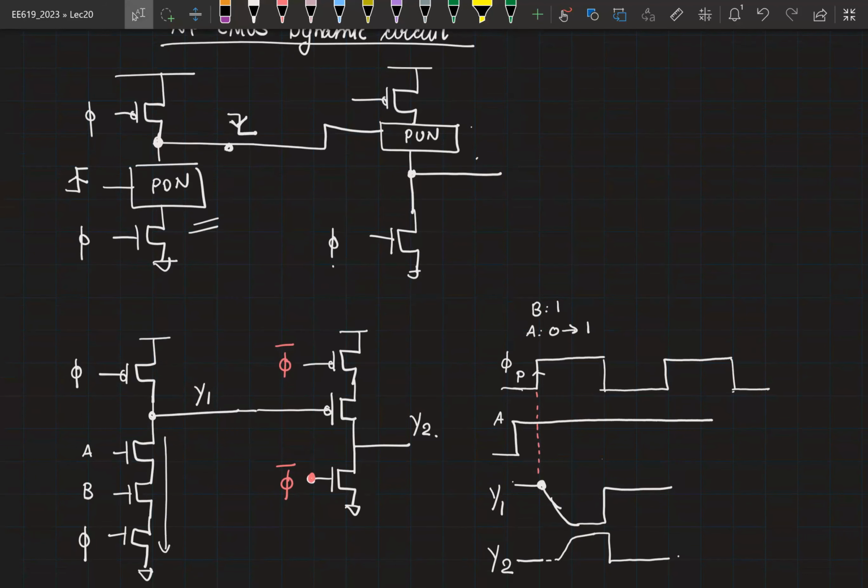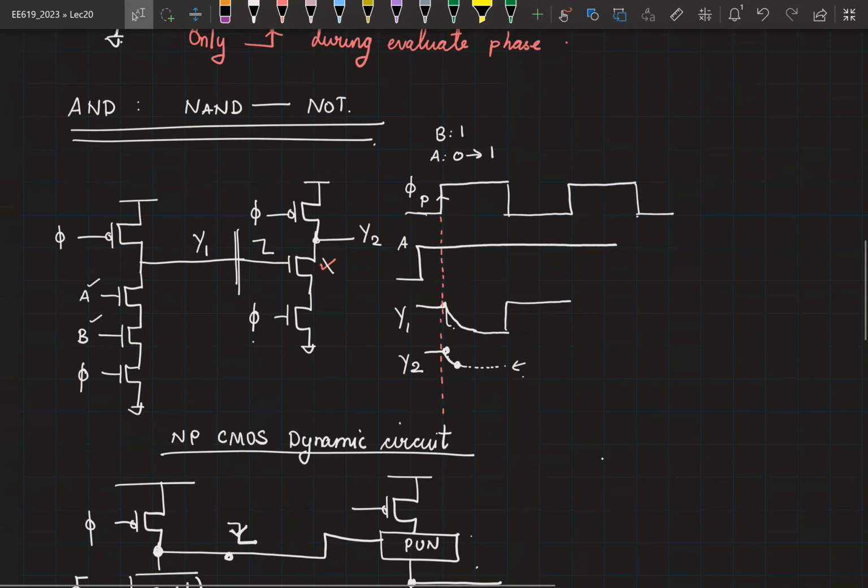So the problem is happening because we have a falling edge in this part. So another solution is to simply add an inverter in between so that the inverter input is a falling edge, and the inverter output is a rising edge. Not if you add another inverter at the output of Y2.